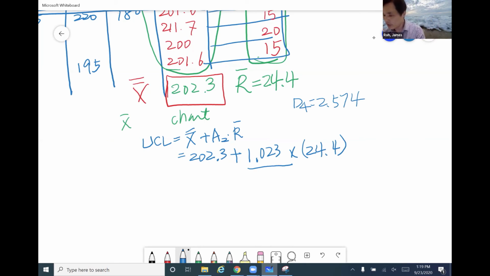So can anybody use a calculator and find what that is? 2.3 plus 1.023 times 24.4. What is it? Do you have it?